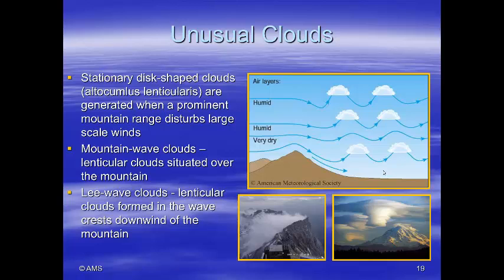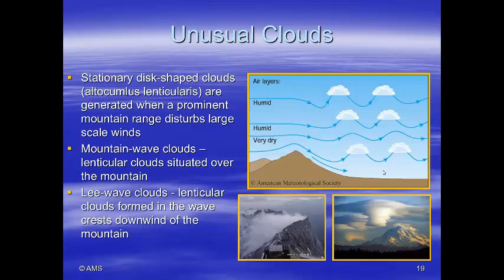So we have stationary disc-shaped clouds called altocumulus lenticularis, and these are generated when a prominent mountain range disturbs large-scale winds. And we start getting ripples in the flow, and as they move up, they're expanding and cooling and forming these clouds.